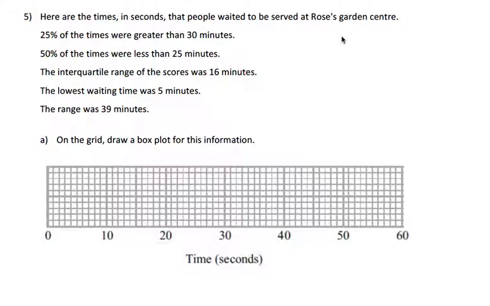So to draw a box plot you need to know the highest value, the lowest value, you need to know the median, and you need to know the quarter values as well.